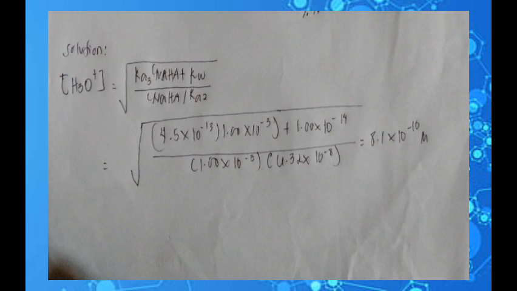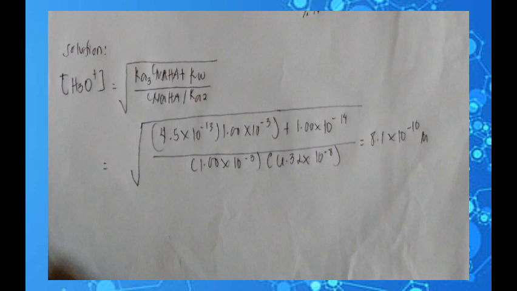So, isa-substitute lang the given value sa equation, which is ang Ka3 is 4.5 times 10 negative 13 times the CnAHA, which is 1.00 times 10 negative 13, plus ang Kw na constant, which is 1.00 times 10 negative 14. At the same time, ita-times yung sa denominator, which is the 1.00 times 10 negative 3 times the 6.32 times 10 negative 8.